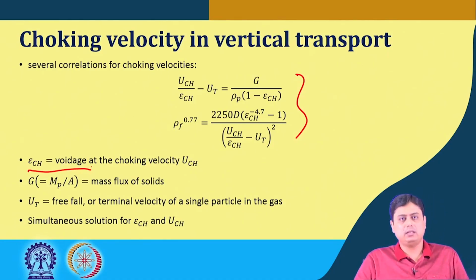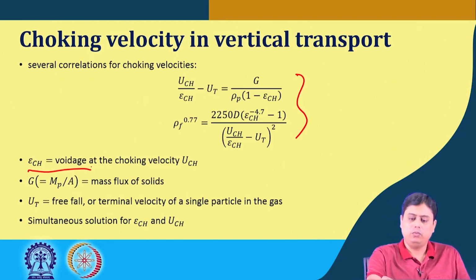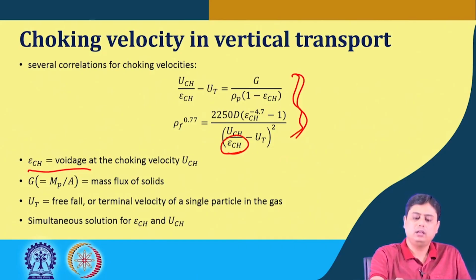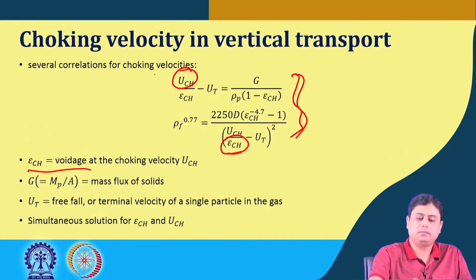is the voidage at the choking velocity, G is the mass flux of the solids, which is mass flow rate M_p divided by A, the cross sectional area for the flow. U_t is the free fall or the terminal velocity of a single particle in the gas, and we have to solve these two expressions simultaneously to get these two parameters.